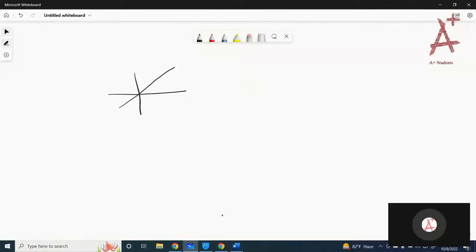Okay, this is a straight line. It is a linear equation, the linear graph. Got it? Not the quadratic graph. You need to understand how the graph of a quadratic equation looks. So it is the linear graph.